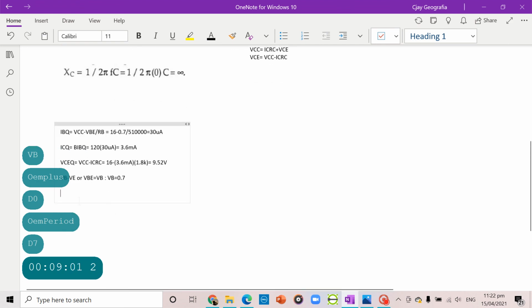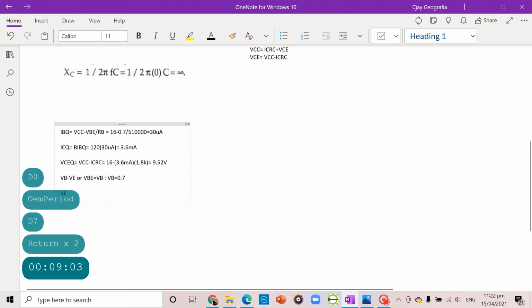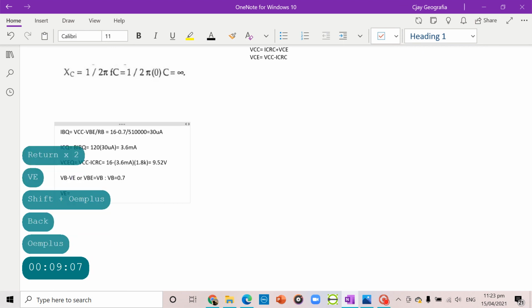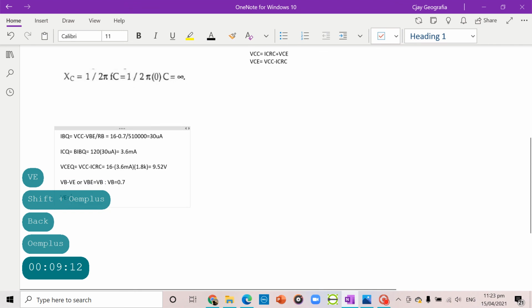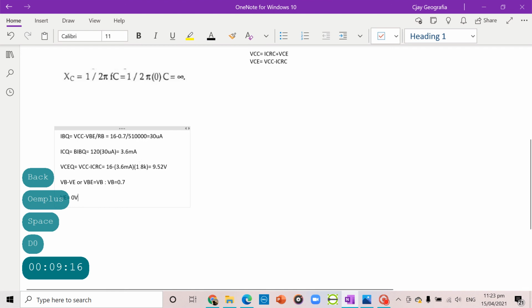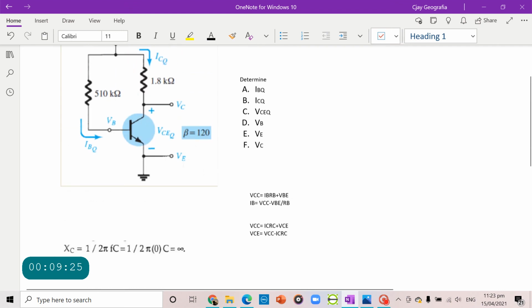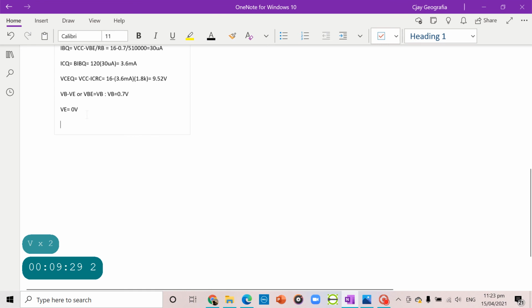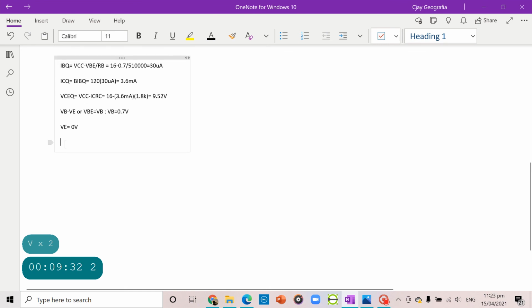Okay, for VE, our VE in here is, of course, 0V, because the voltage in here for E is 0, no voltage flows in it.